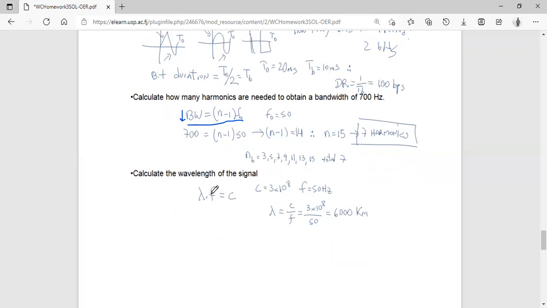Frequency is what we have, that is 50 hertz, from the question. We just need to find our lambda. So solving for lambda, lambda is basically equivalent to c divided by f, which is 3 times 10 to the power of 8, the speed of light, divided by 50, which is going to give me 6,000 kilometers. So lambda size is 6,000 kilometers.